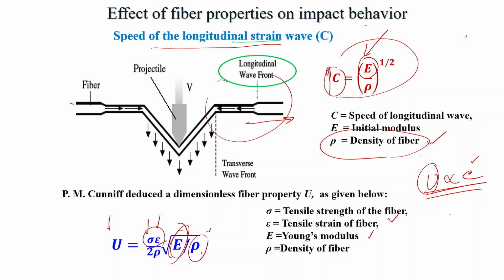So, based on that, for different fibers we can derive the U value. And the U value shows directly the impact characteristics, that is the ballistic impact behavior. So, here U is the specific toughness of the material.